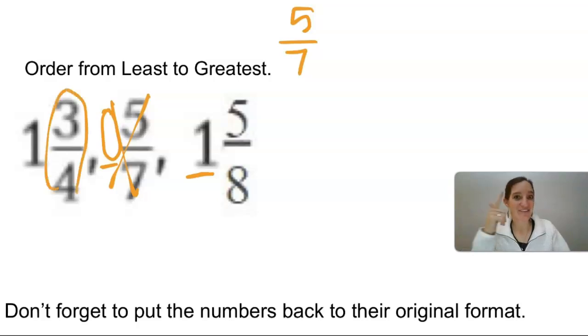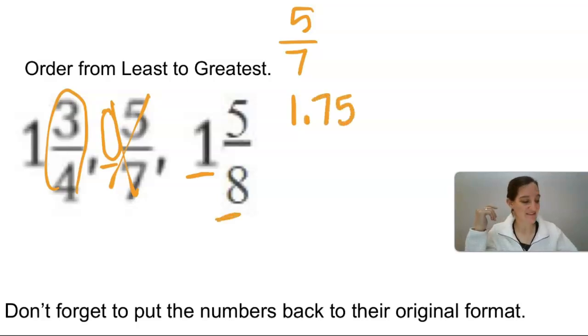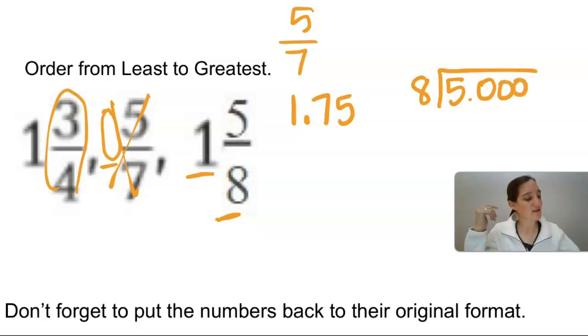I have 3/4 memorized. I know that 3/4 is 0.75. Okay, now 5/8 I don't have memorized. It's not one of them that I'm requiring you to memorize, but you can start memorizing them if you'd like.